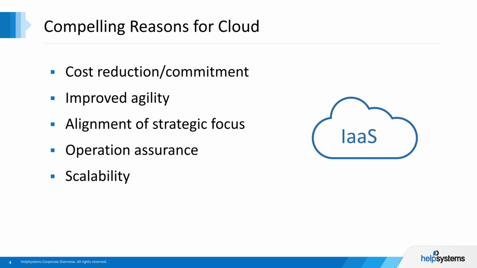So it's basically giving the job to the experts rather than trying to do it yourself. And then the last one is scalability, which, at least in theory, the cloud has infinite resources, and you can scale up and scale down much quicker than you could in on-prem environments. So these are the reasons why organizations are moving over to the cloud.